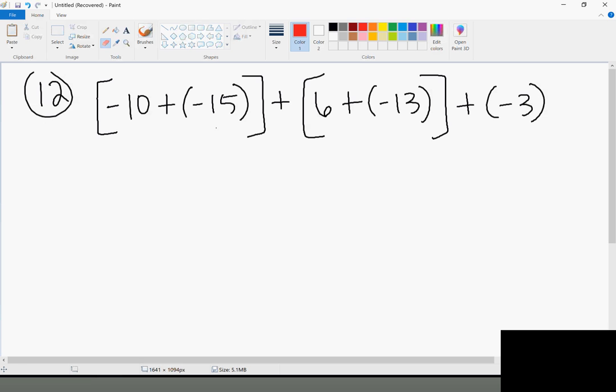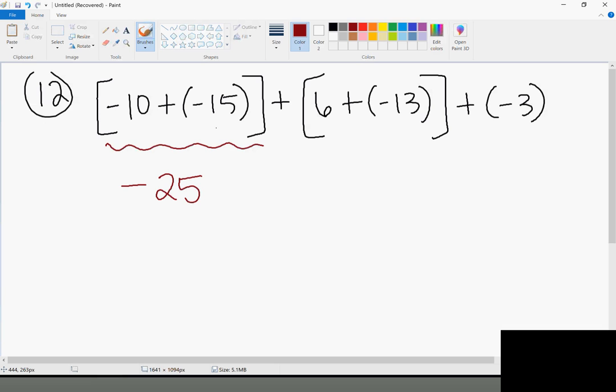So here, I'm going to work within this first group. Negative 10 plus negative 15. We are adding these integers. They have the same sign, so we're going to keep the sign. That's going to be negative, and then add 10 plus 15, which will be 25.